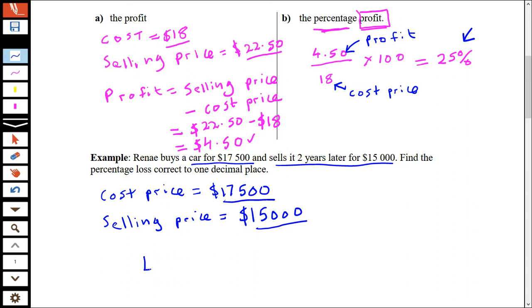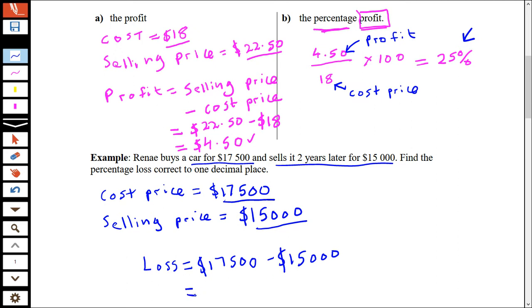So the loss is the difference, isn't it? So you're going to have 17,500. Let's just make that a bit bigger. Minus 15,000. That should be dollars there.